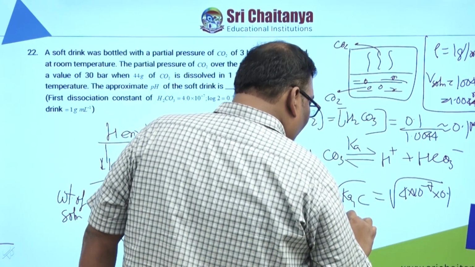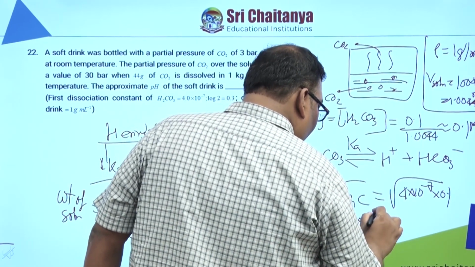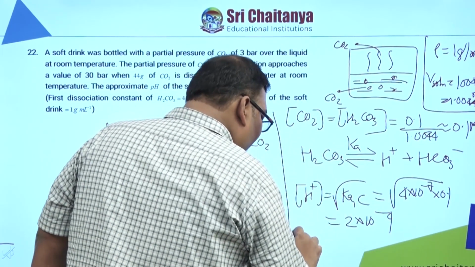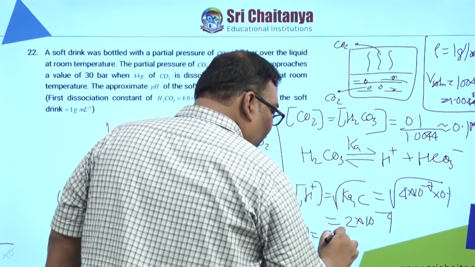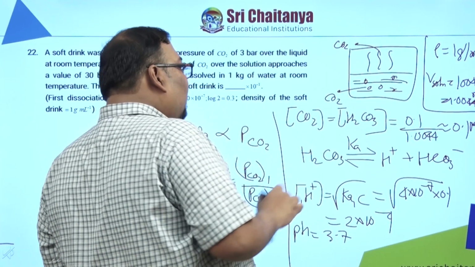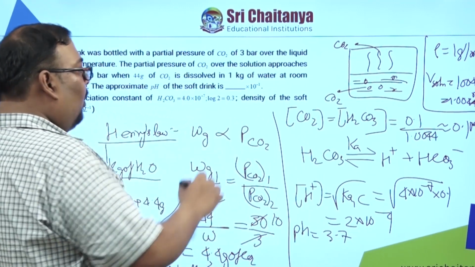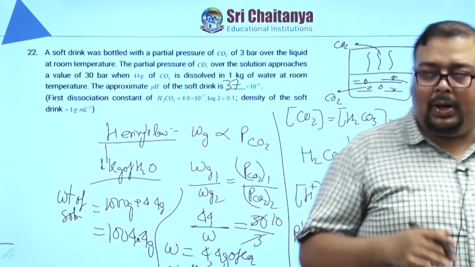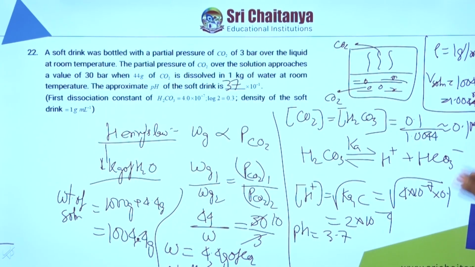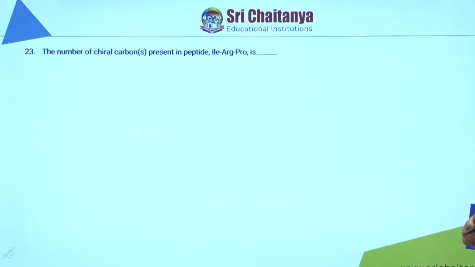So this will come out to be 2 into 10 to the power minus 4. So pH will come out to be 4 minus log 2, which is 3.7, or 37 into 10 to the power minus 1. So the correct answer here will be 37. Okay, so this is the whole solution to question number 22. Next is question number 23.